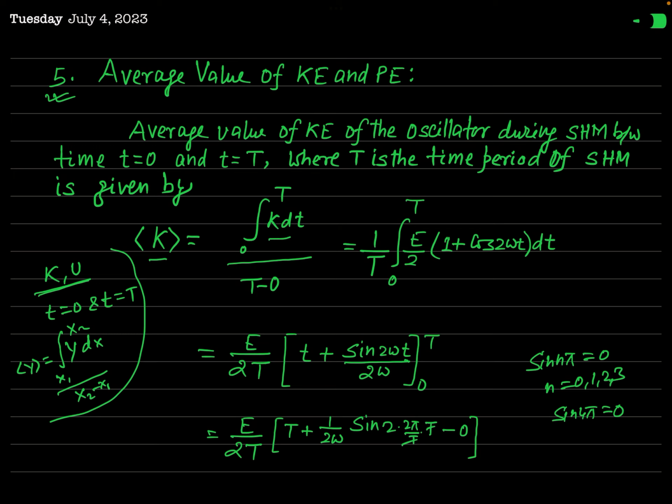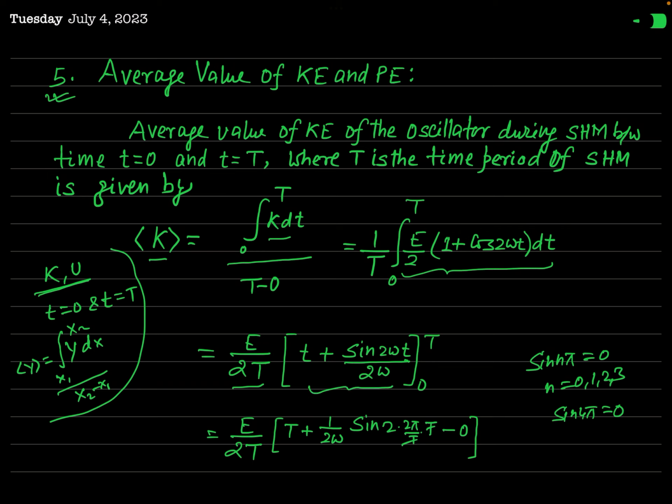Now let us substitute the value of k. As you have seen, k is equal to e over 2 times 1 plus cos 2 omega t. Here I have not written omega prime, but instead I have written 2 omega. Now e by 2 is a constant factor, so it will be outside of the integral. And we have to integrate 1 plus cos 2 omega t.